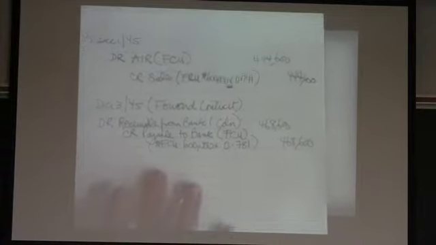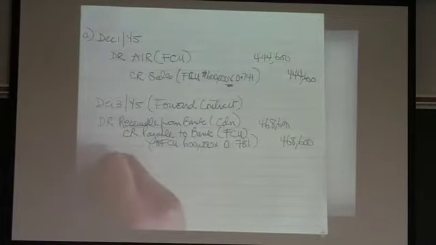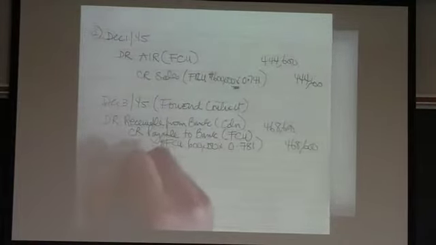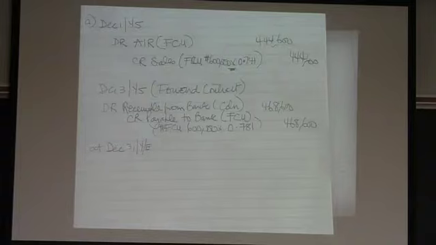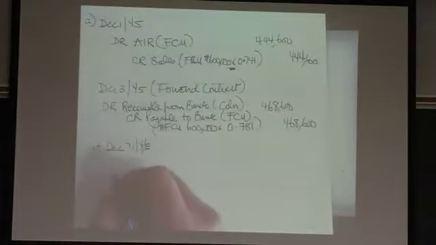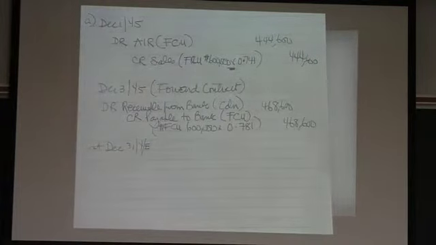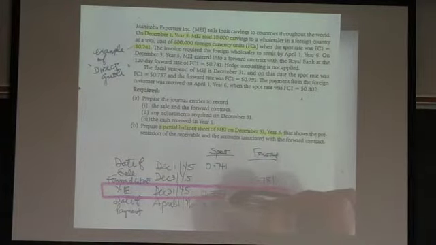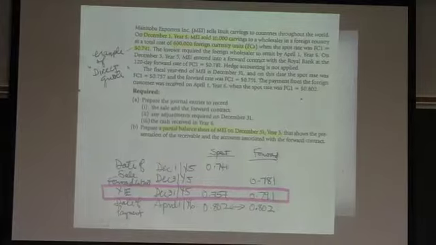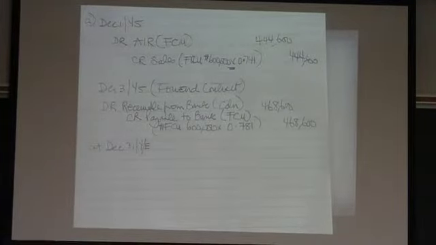Okay. Now, at December 31st, what happens? That's the year end. What are we going to do? First, we take a look at all our monetary balances, and we're going to translate it at the current rate or the balance sheet date. And in this case, the monetary items is accounts receivable foreign currency. So we're going to take a look. And what happened to the currency? It went from 0.741 to 0.757. So it went up. That means that we're getting more equivalent Canadian dollars in that receivable.